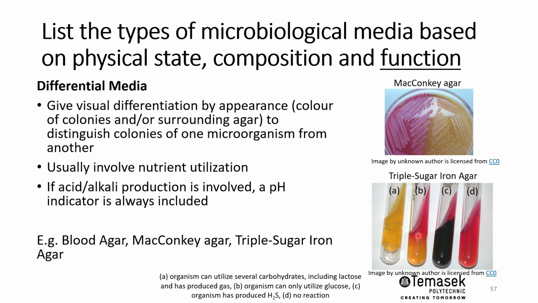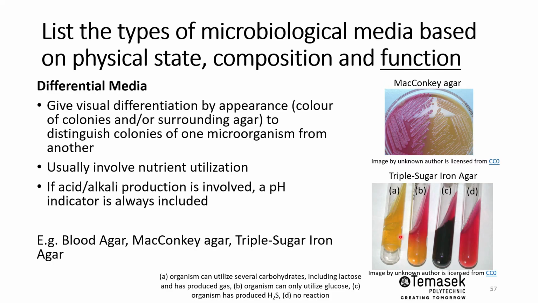If you have a yellow bottom as well as a yellow slant, and you can clearly see some bubble formation here, this tells you that the microbes inoculated here can utilize several of the carbohydrate sugars, including lactose, and has produced gas.